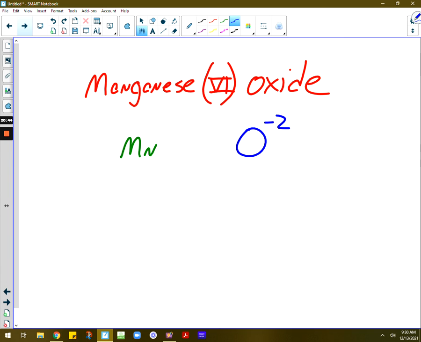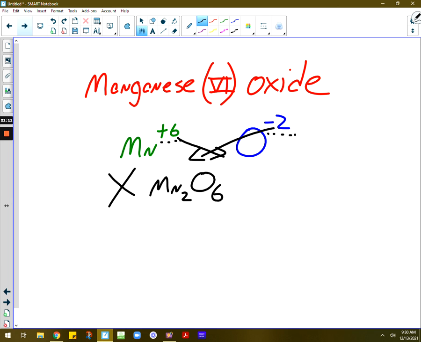So, they're nice enough to tell me the charge of manganese right here. It gives me +6. Now, since these two charges are not the same, I have to figure out how many of each I'm going to need. I can do the crossing over trick, but I have to be careful with it here, because if I cross that down there and cross that down there, I end up with Mn2O6, and that's wrong.